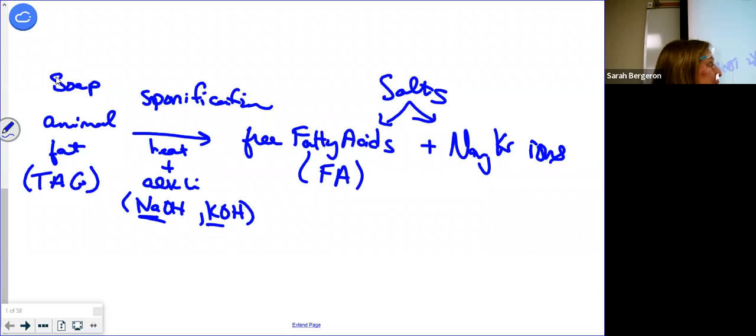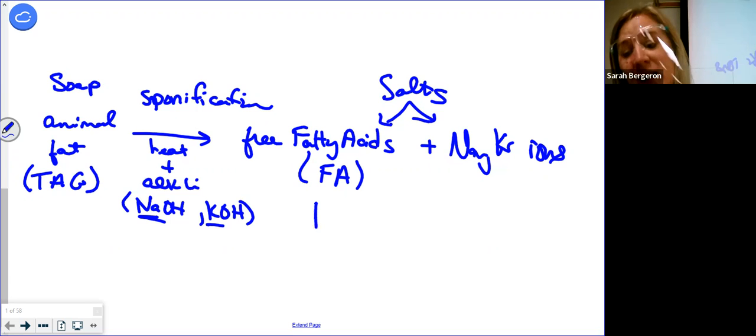So what's happening to those free fatty acids when you do that? What's the deal with a fatty acid? A fatty acid is what kind of a molecule? Well, partially, that's true. Partially it's polar, partially it's non-polar, right? So what do you form, and what do you call that?